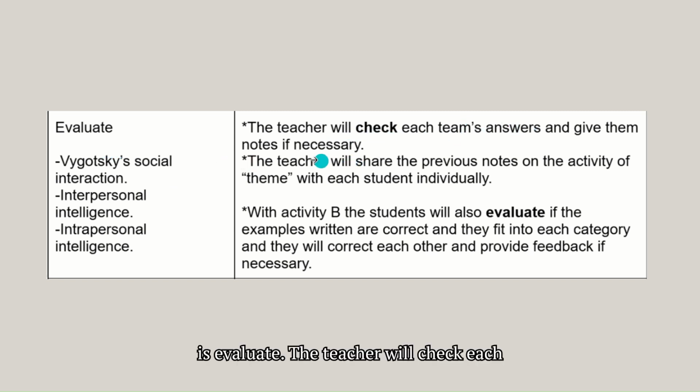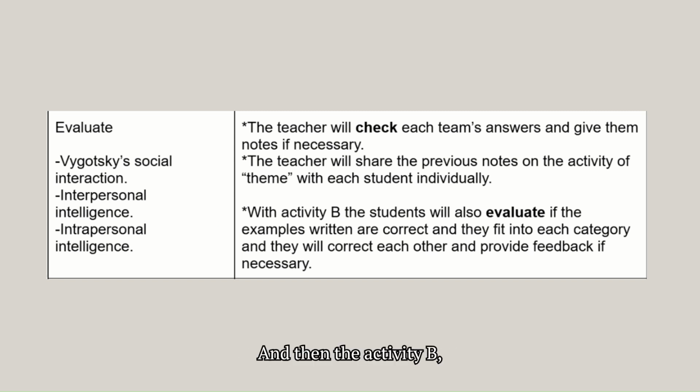The teacher will check each team's answers and give them notes if necessary. Then the teacher will share the previous notes on the activity of theme, which is individual for each student, to give them personal notes.